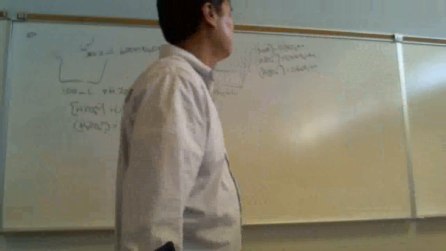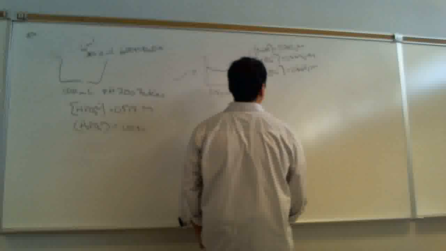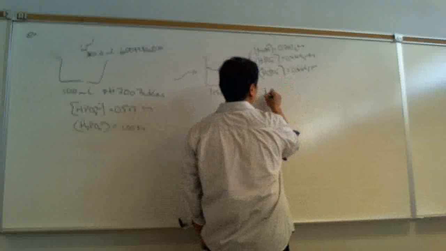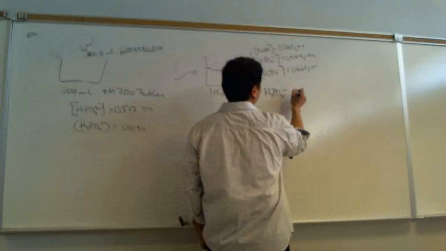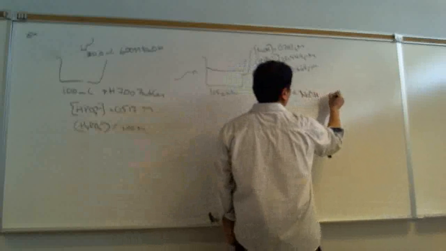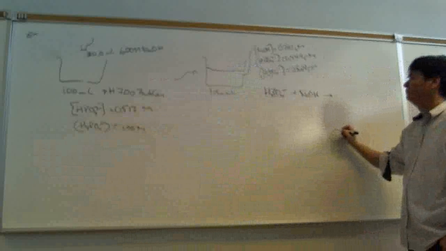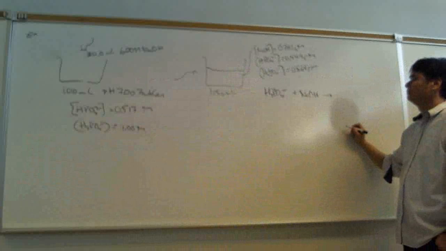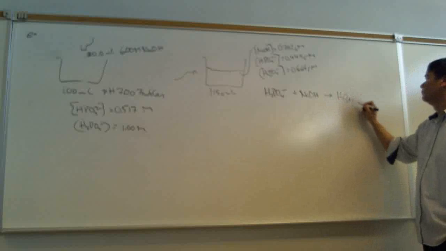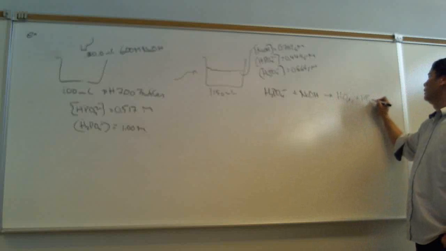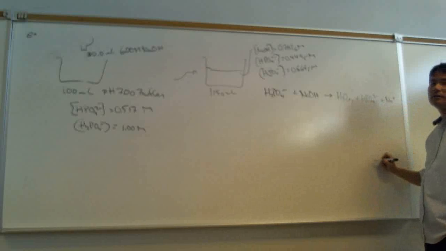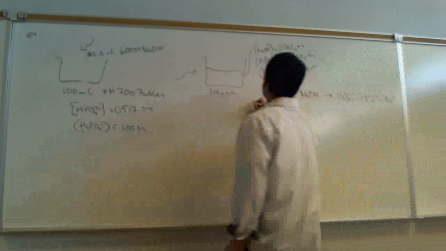Strongest acid plus the strongest base. So the strongest acid present is H2PO4 minus. The strongest base? This forms what? Water, HPO4 2 minus and sodium. You just plug in the values.